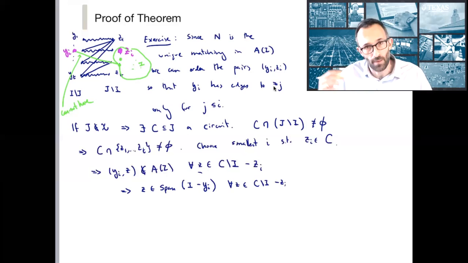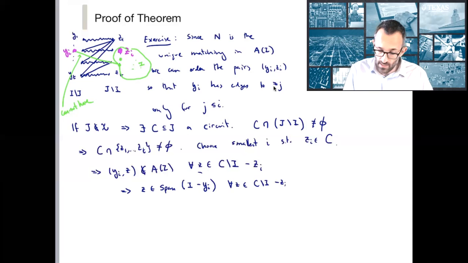And we just said that by virtue of our ordering and our selection of the index i, there is no such edge. So that means that z is in the span of I minus yi, and that has to be true for any element of C minus I except for zi.